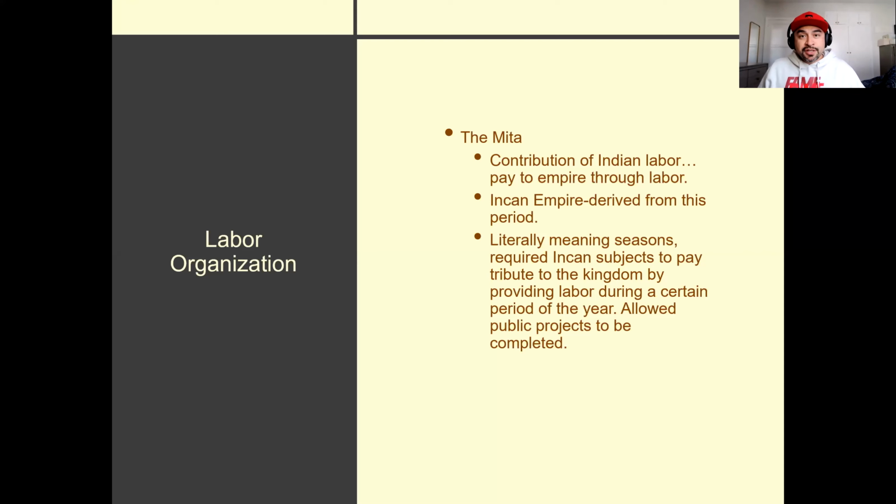We need to build a religious temple. We need to build a road. We need to build an irrigation system. We need to establish a marketplace. These were things that required different forms of physical labor, extracted generally from each household. And there were a couple of different ways in which this was organized, either under the Incan rulers or the Aztec rulers.